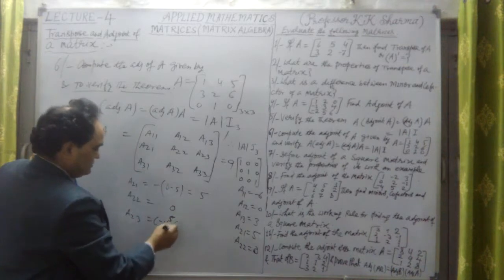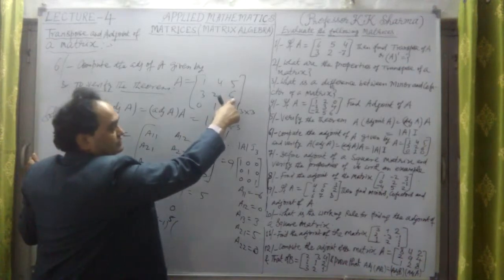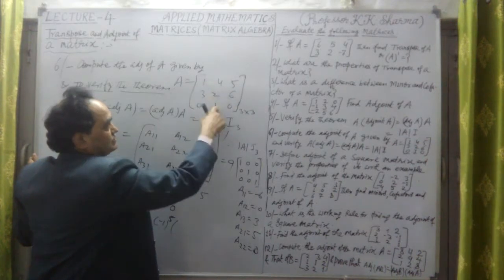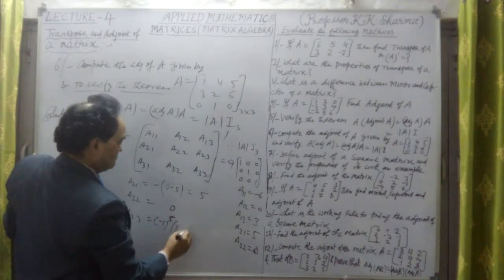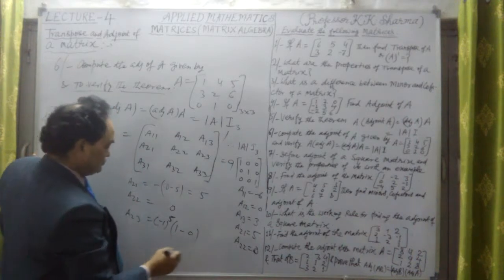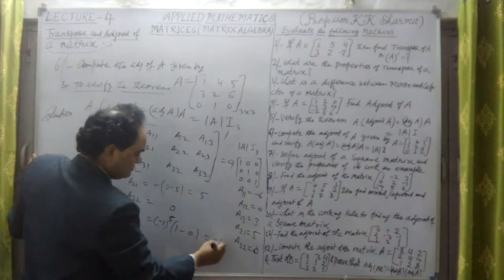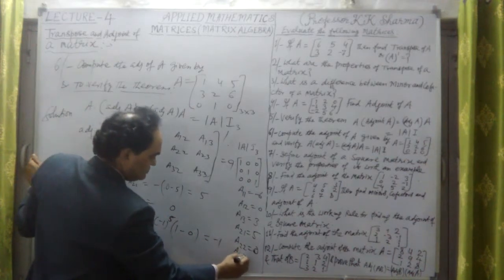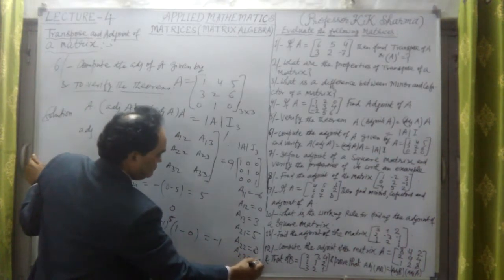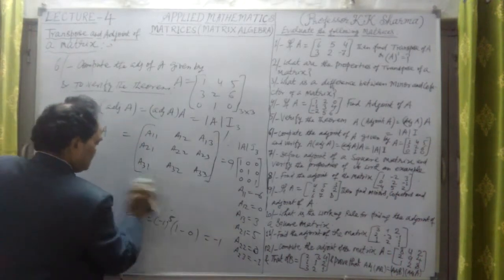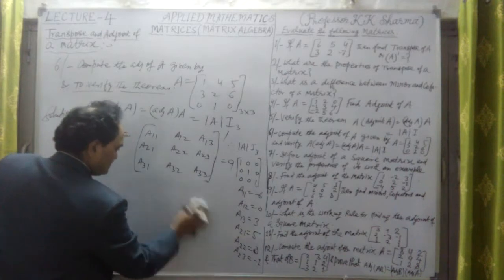Leaving this row and column, 1 into 1 is 1, minus 0 into 4, so it is minus 1. So A23 is equal to minus 1. These three cofactors of the second row have been calculated.